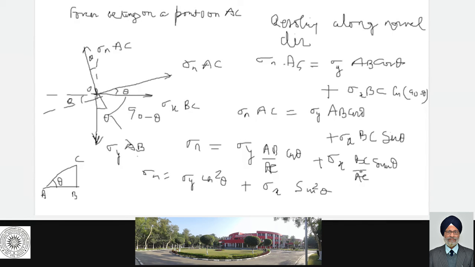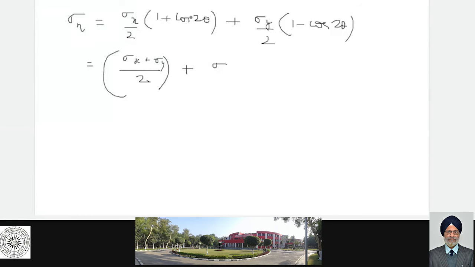BC upon AC, BC upon AC into sin theta. So BC is sin square theta. So we have written, it should be sigma x sin square theta. So here it should be 1 minus. And here it should be plus, 1 plus.